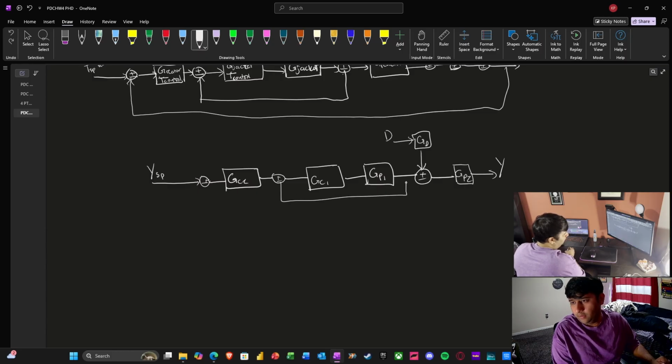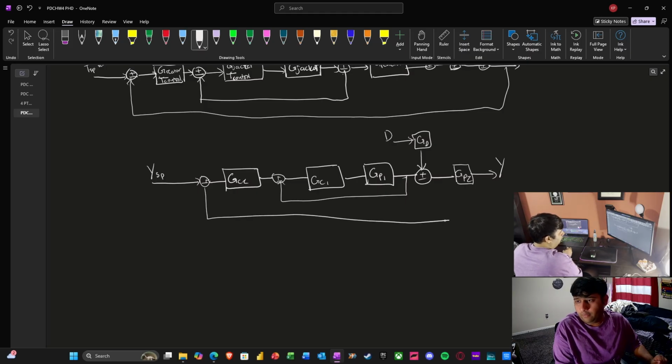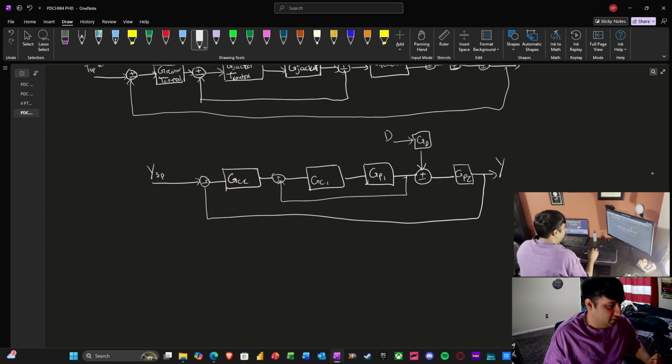Our controller would be regulating that point, and then our first controller would be regulating our outlet. So this is our block diagram, and then we're going to start our derivation.